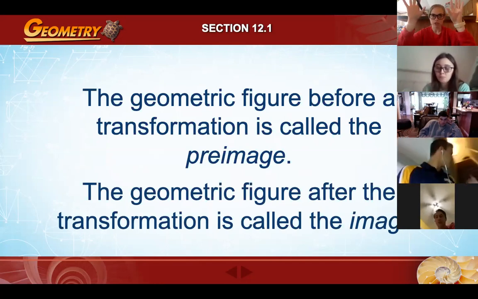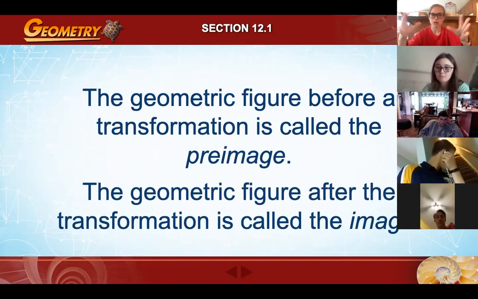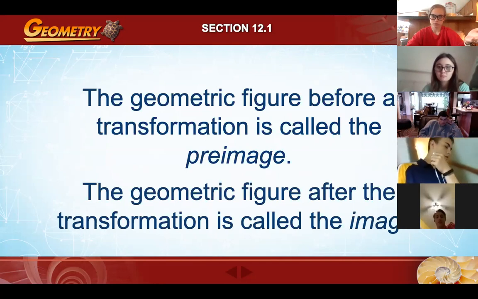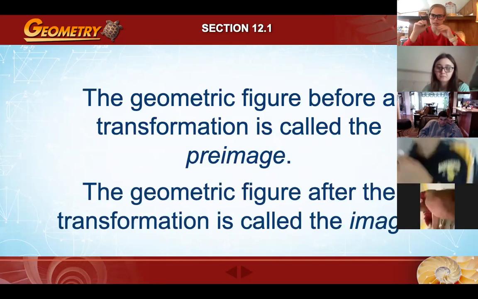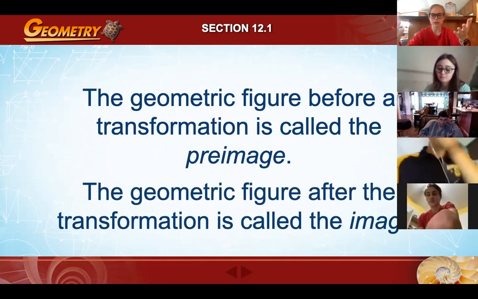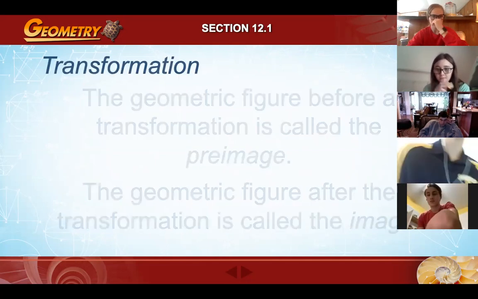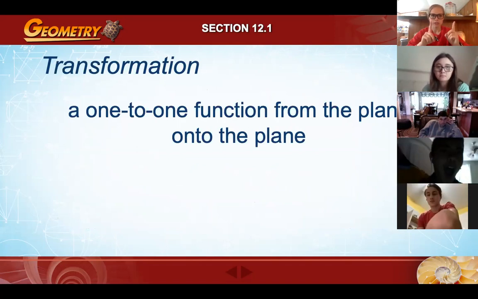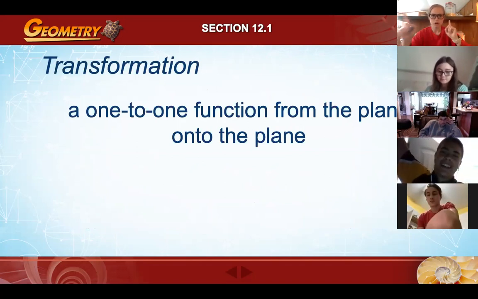The image that you see in the mirror would be called your image, which hopefully makes sense because you're not actually in the mirror. That would be called a transformation. A mirror would do a transformation of you. All right, so a transformation is a one-to-one function from the plane to the plane.